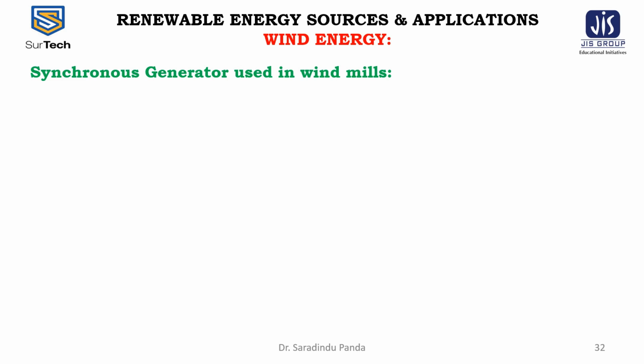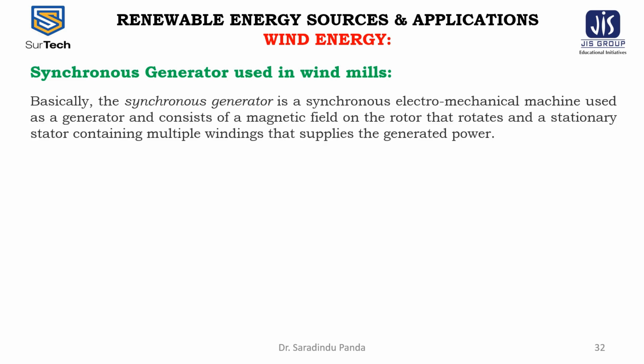The difference with this type is that the synchronous generator generates a three-phase AC voltage output from its stator windings, unlike the DC generator which produces a single DC or direct current output. Single-phase synchronous generators are also available for low-power domestic wind turbine systems.